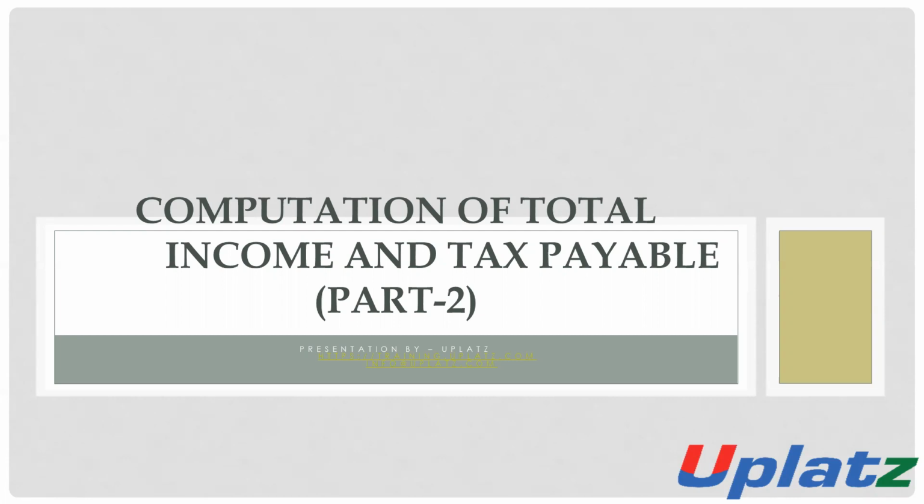other steps. In part 1 we discussed that to compute the total income of the assessee, first we will determine the residential status of the assessee, of the person. Then we will classify the income under the respective heads.